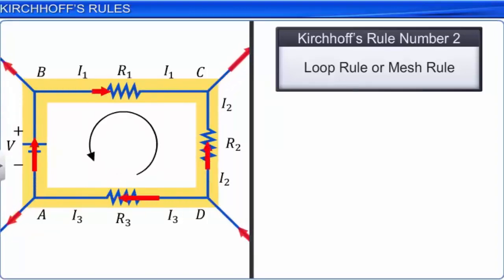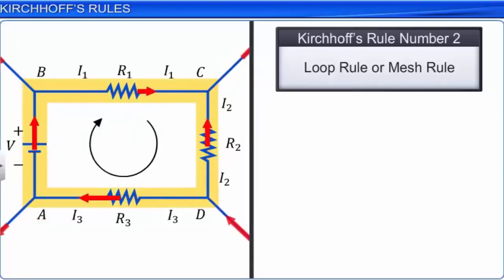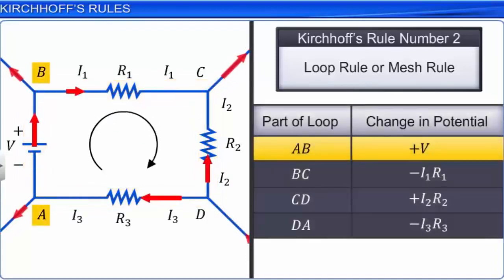Let us start from point A and walk through the loop in the clockwise direction. That is, ABCDA. And note down the change in potential. AB. While moving from point A to point B, we go from the negative terminal of the battery to the positive terminal of the battery.